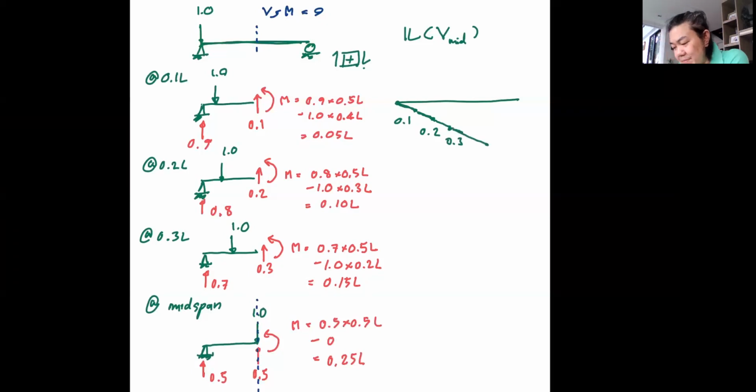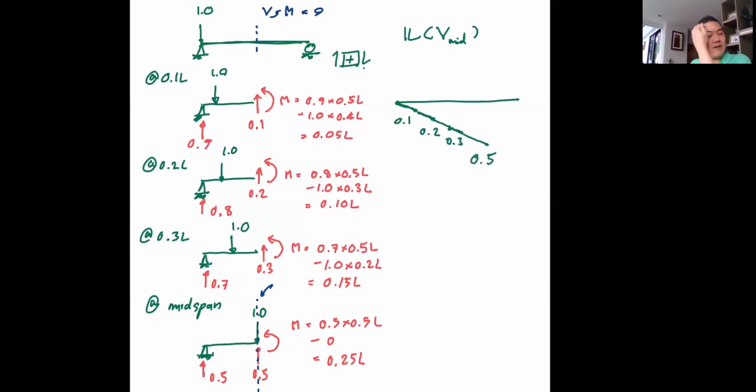Okay, when I reach the midspan here, you see, when I am right here at this location, you can see I still have 0.5 of this shear at midspan, correct? When the unit load is right here. So that means at midspan, this shear is also going up, so it's 0.5 negative here.